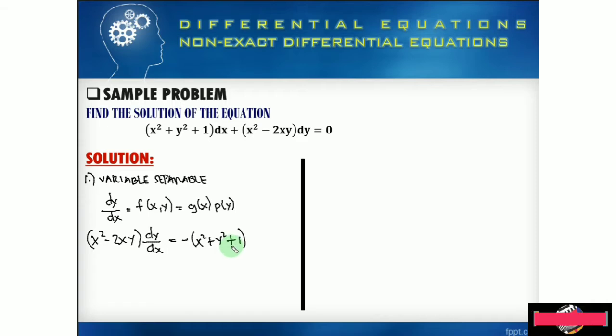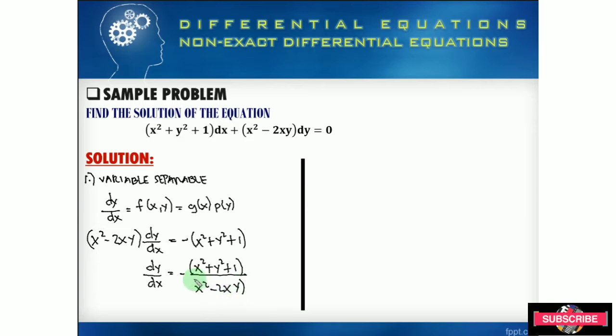Okay, so this would now be its form, transposing this to the other side, so negative x squared plus y squared plus 1. And then our dy over dx is simply equal to the negative of quantity x squared plus y squared plus 1 over x squared minus 2xy.